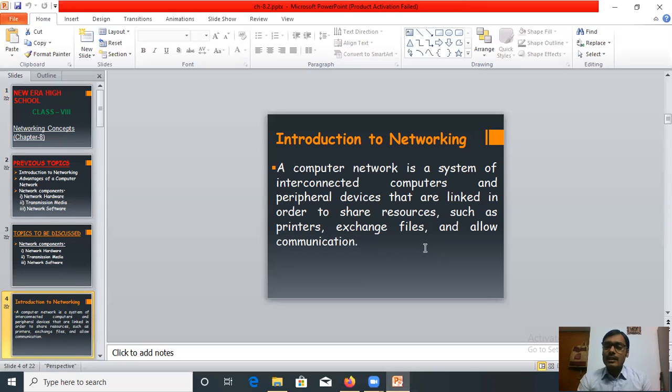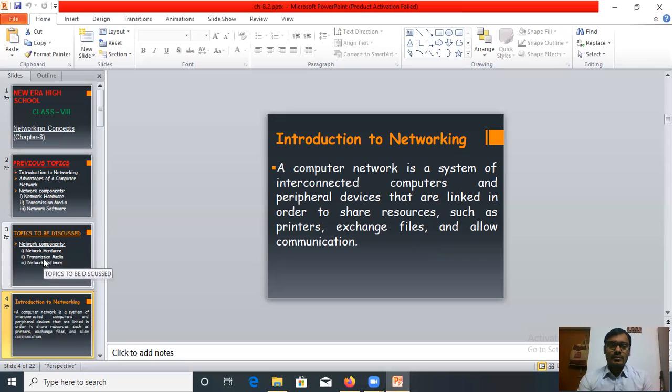In a computer network, many computers can be connected to each other, and not only computers, some peripheral devices like printers can also be connected so that we can exchange our files from one computer to another computer via network cables. Or we can also exchange our files through wireless media, and we can allow communication through networking.